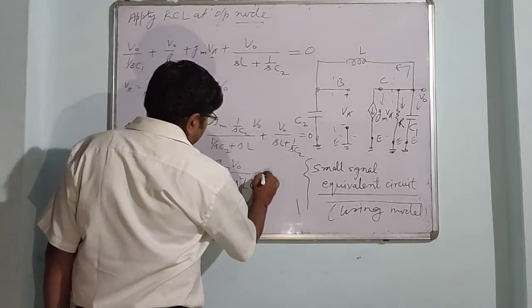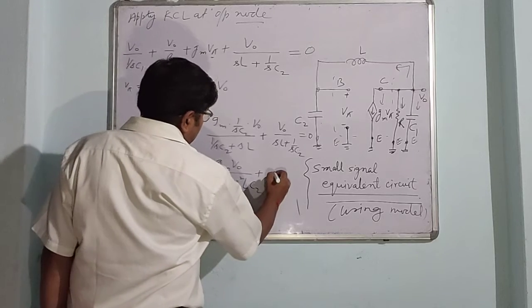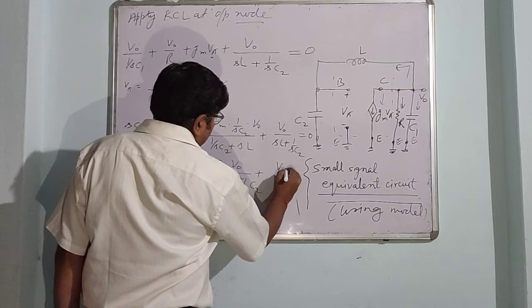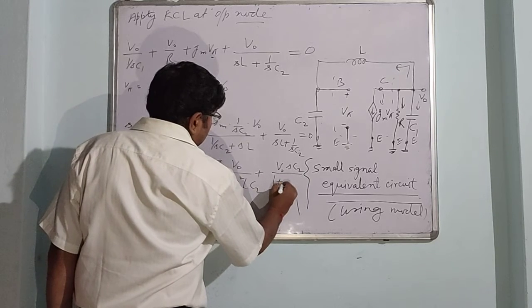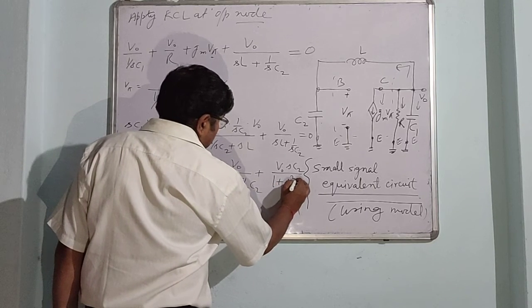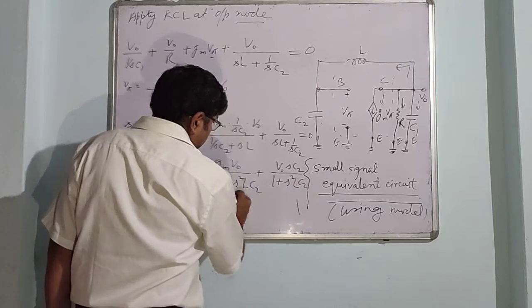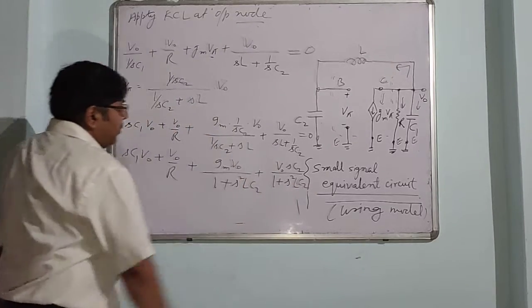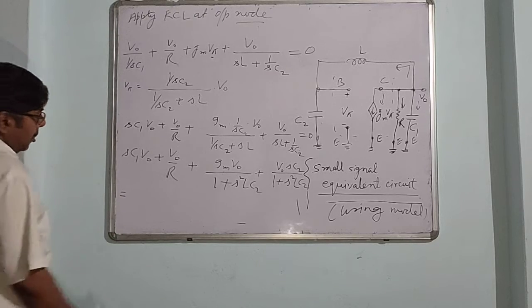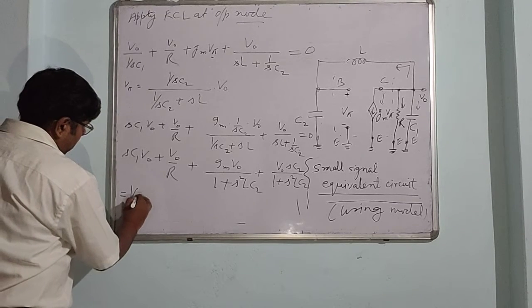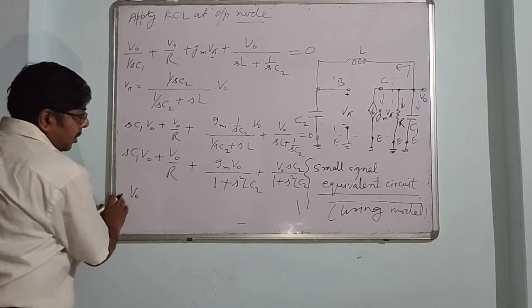And here this is V0 SC2 upon 1 plus S square LC2. Same factor. Both are same. So now you can take common V0. So this is equal to 0.